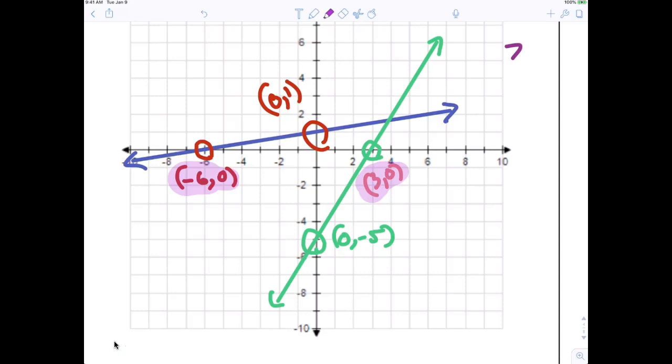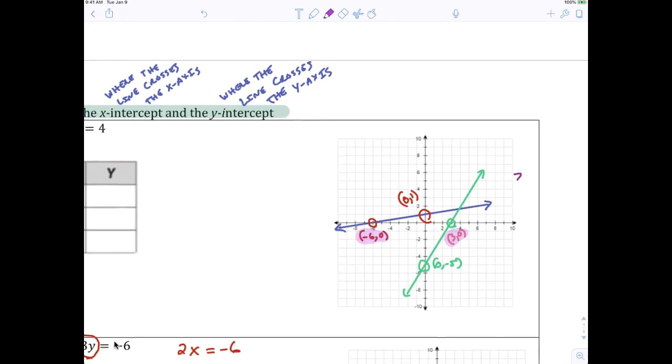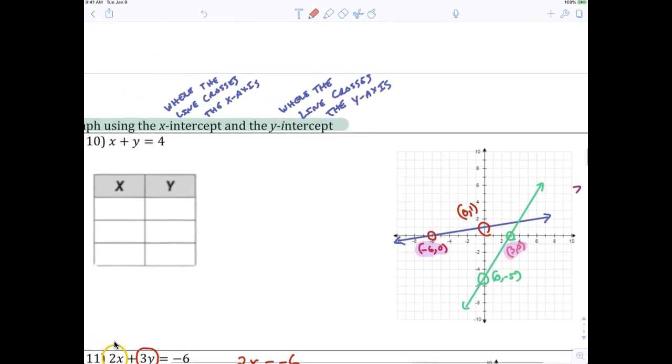Tell me, Justice. The y value is 0. Beautiful. So right next to your note, when it says x-intercept, you're going to say when the y is equal to 0. If you want to find the x-intercept, the y value is 0.